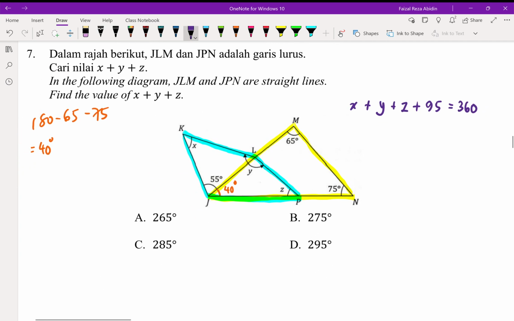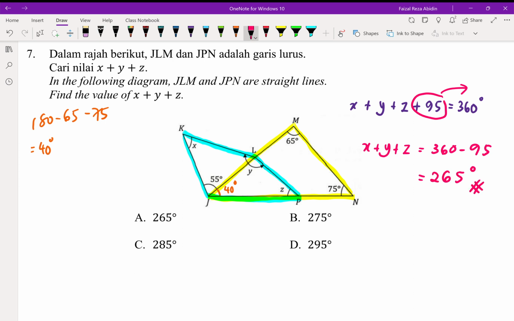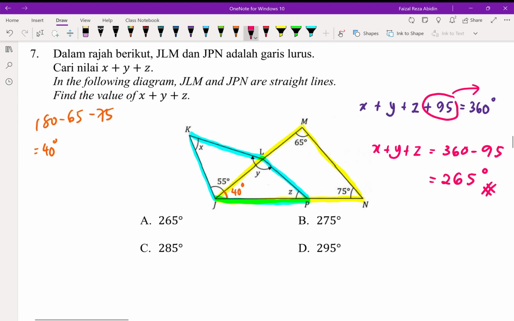Quadrilateral. Right? So can I find my x plus y plus z? So x plus y plus z here is 360 minus 95. Straight away you are going to get 265. We are not going to find x, y and z separately and then add. No need. Straight away, right class?